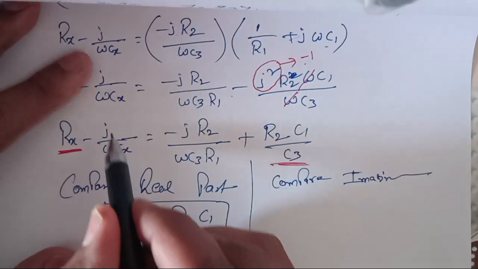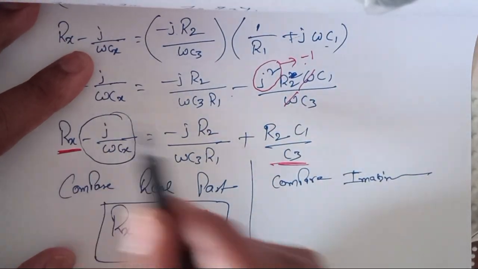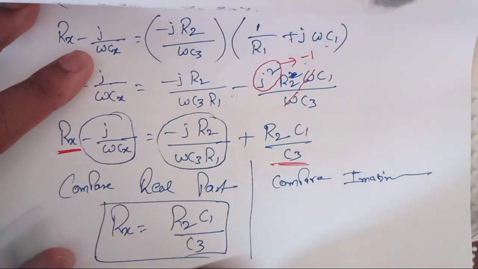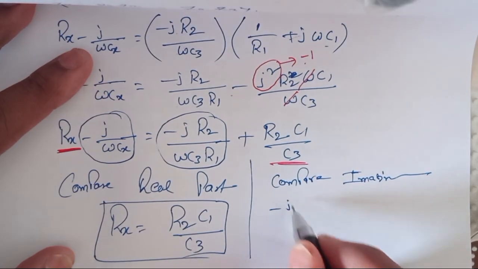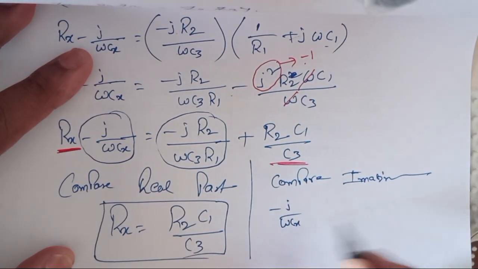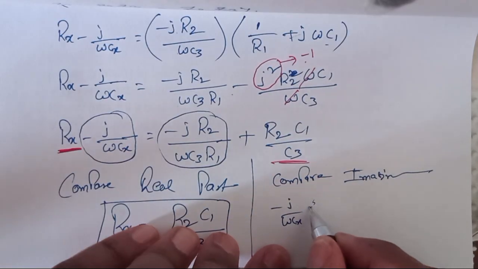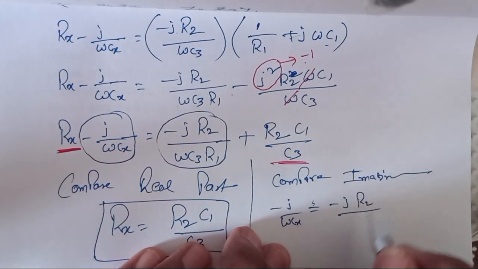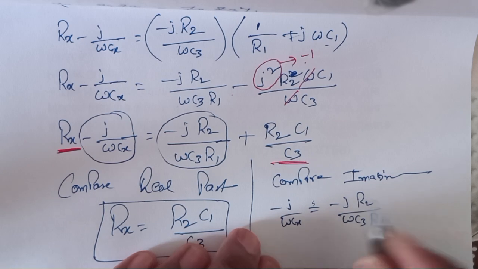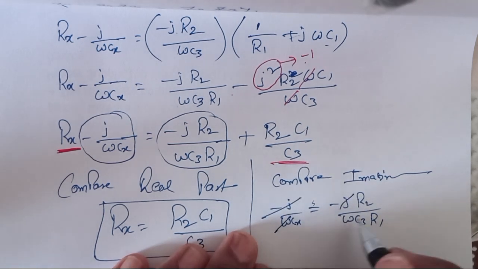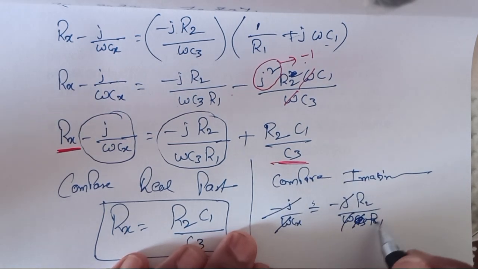Here the imaginary part is on this side this one, on that side this one, so I'm equating those two. Minus j by omega Cx equal to minus j R2 by omega C3 R1.